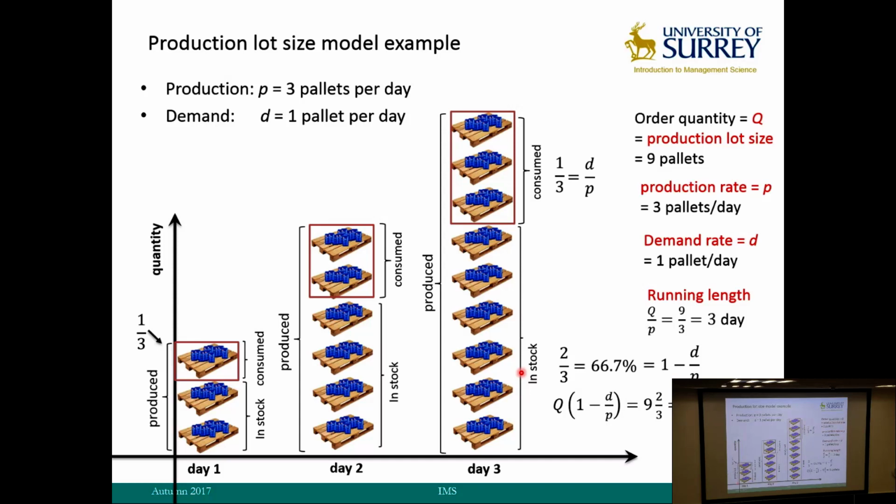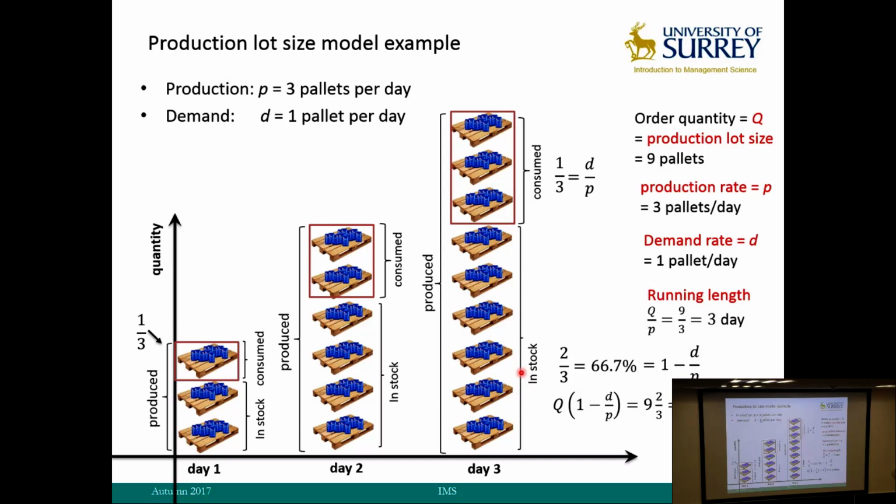So part of our production is consumed by the market, and part of our production is stored temporarily as inventories. So what is the ratio? Apparently, this is 1/3. So 1/3 of our production is consumed, and the other part remains as inventories. So how do we find the ratio? That should be the daily demand divided by the daily production.